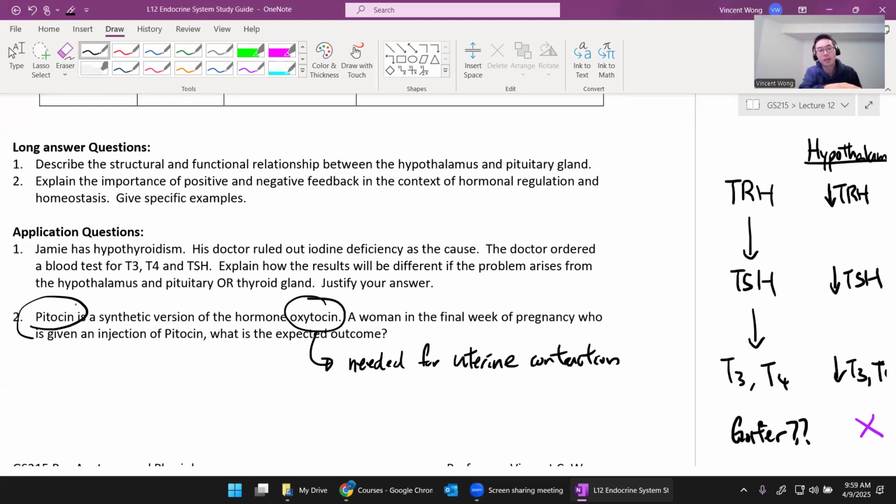So basically, this Pitocin is like starting the domino effect. All you need is to push the first one, and then everything is going to go on its own afterwards, right? So it's not like you need a continuous supply of this thing. Once the body takes over, then the labor is going to commence, and it's not going to stop until the baby comes out.